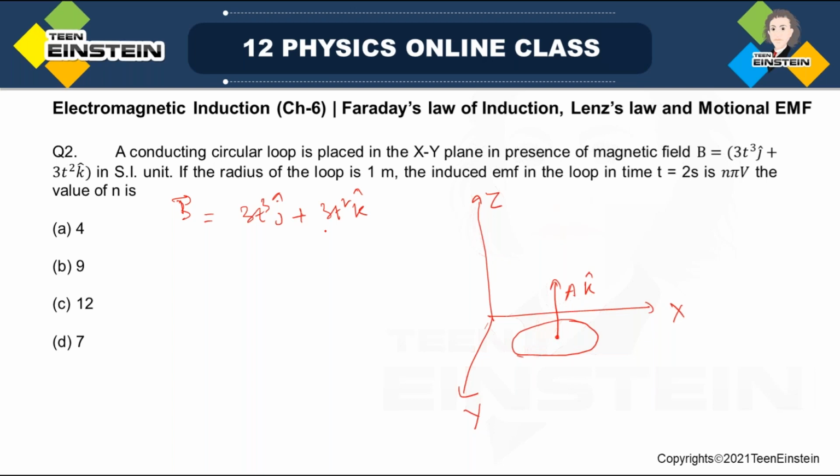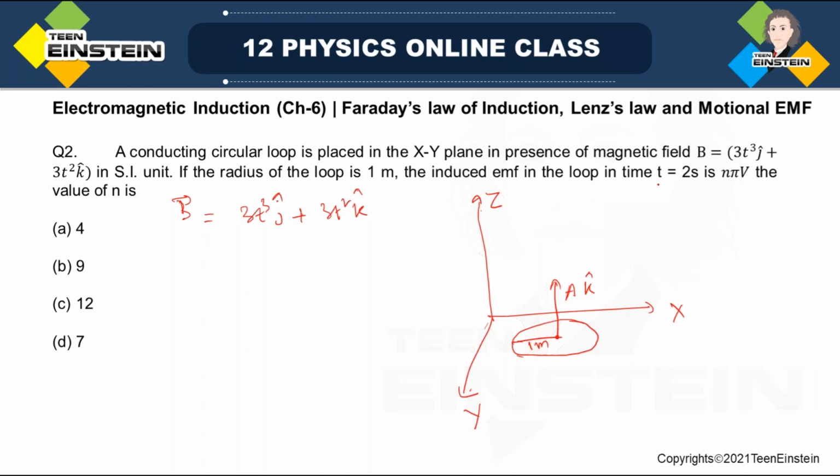That means it is in the yz plane. The radius of the loop is given, that is 1 meter.